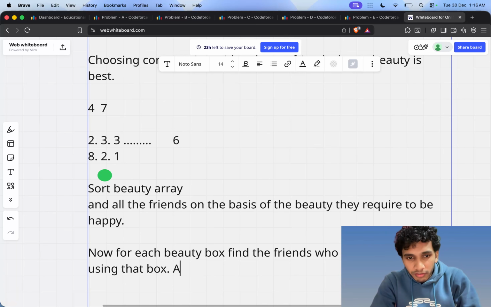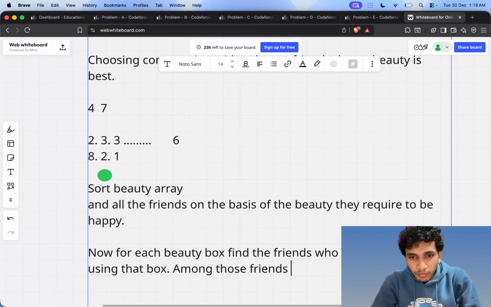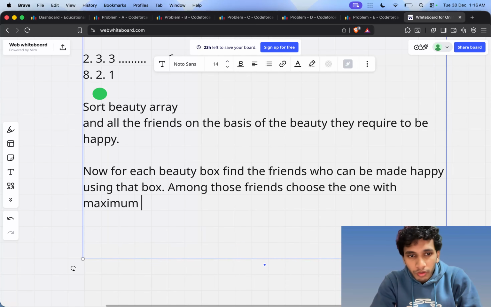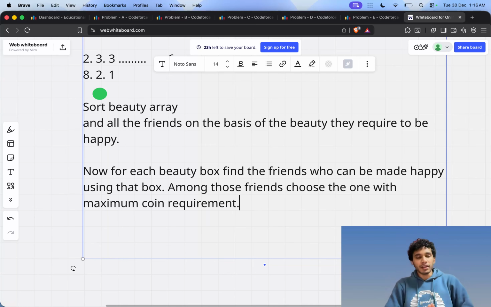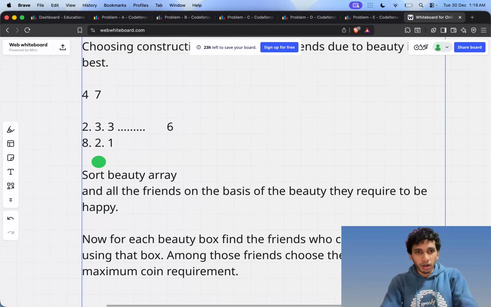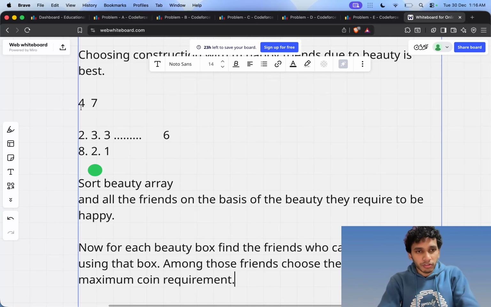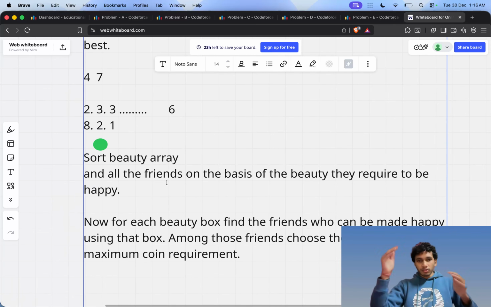Among those friends, choose the one with maximum coin requirement. Now remove that friend and continue this process. Keep continuing this process for all the possible boxes that we have. At the end we are left over with some friends that need to be made happy using coins.